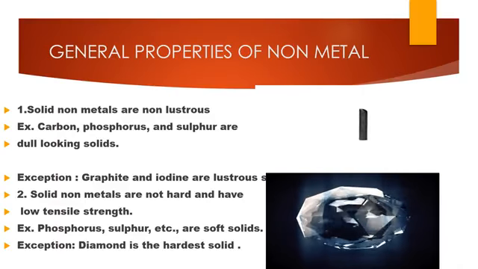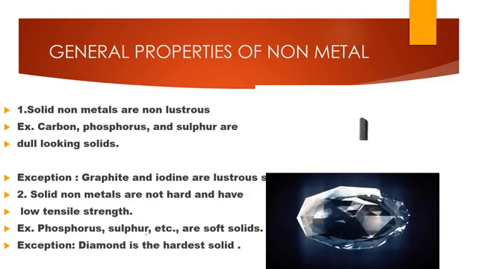Examples: phosphorus, sulfur. They are soft solids. And here also we have some exceptions. Diamond, even though it is a non-metal, is the hardest solid. In a proverb also we know diamonds cut diamonds. So it is very hard in nature, but it is not a metal. It is a non-metal.